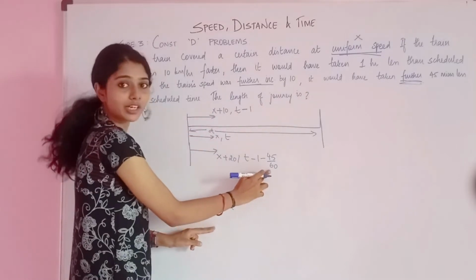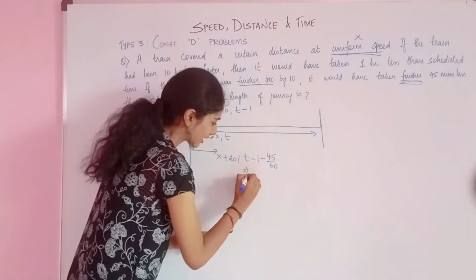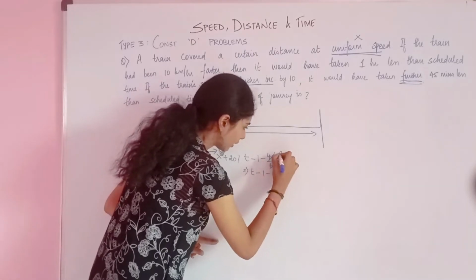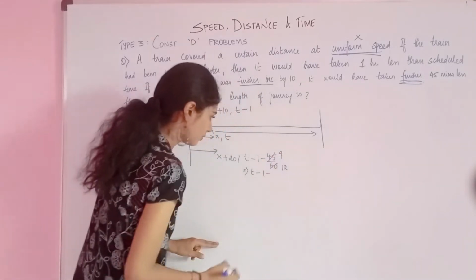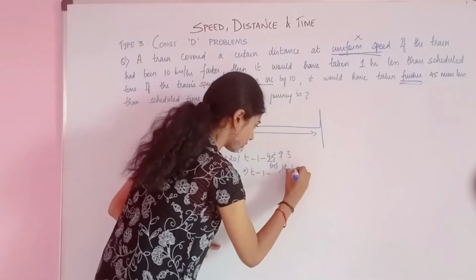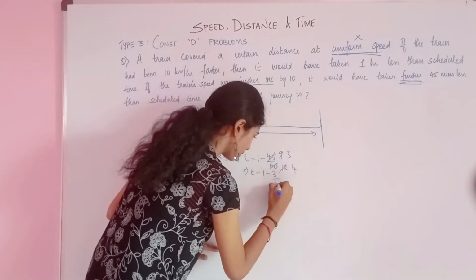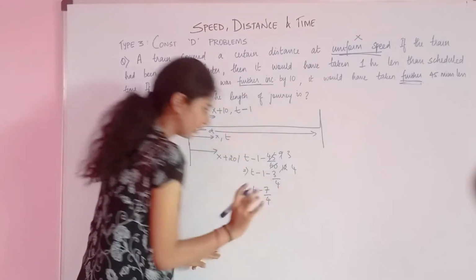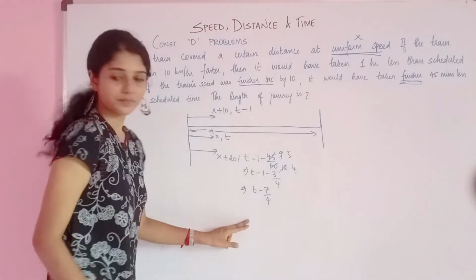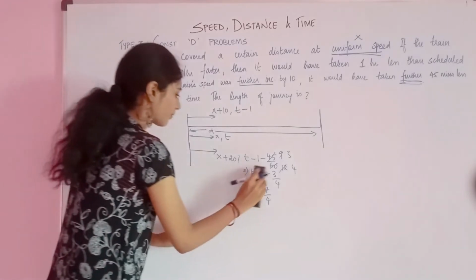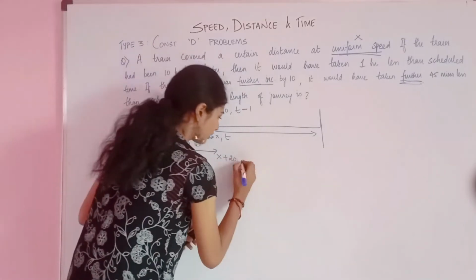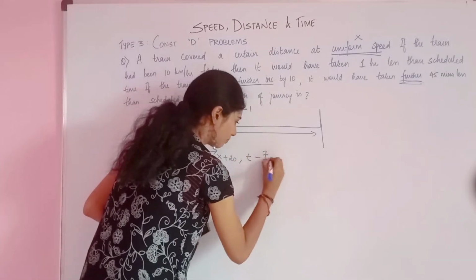You have to convert it into hours. So t minus 1 minus 3 by 4, which can be written as t minus 7 by 4.